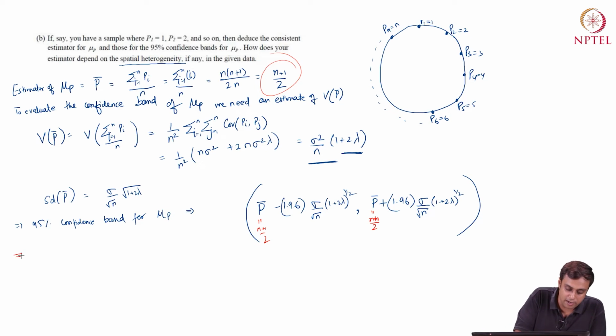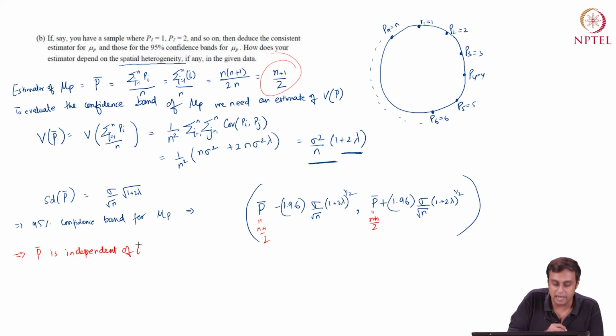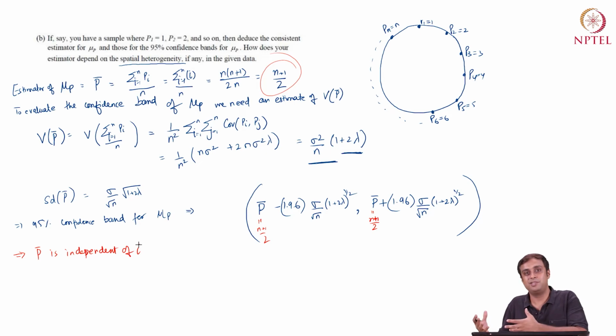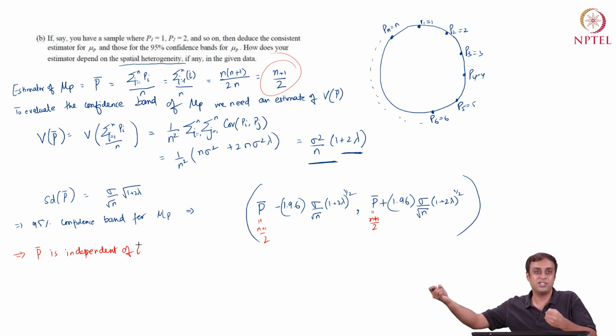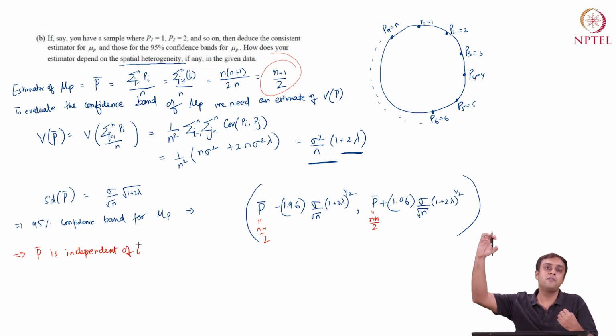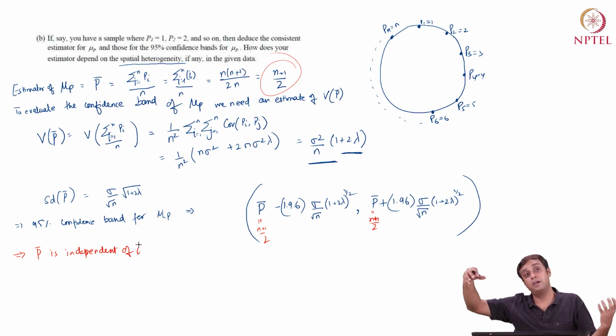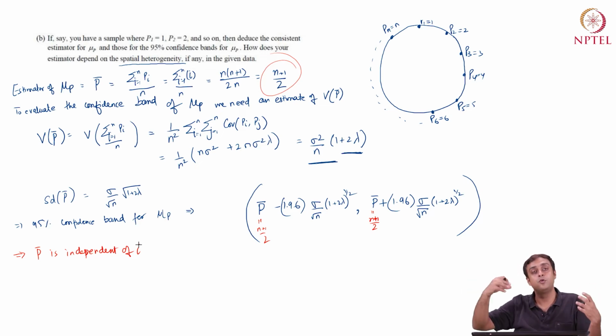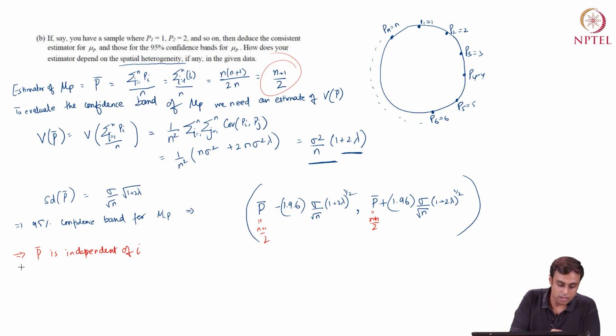So what we see here is that p bar is independent of i. That is, it does not depend on the location. It is not varying by location. Higher priced homes are not clustered at a given location on this circle relative to lower priced homes at a different clustered location. We do not have p bar as a function of i.